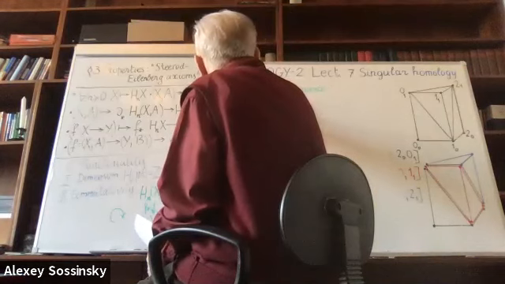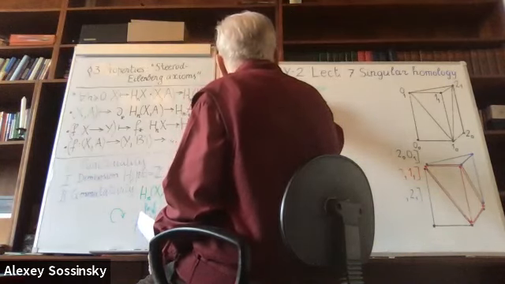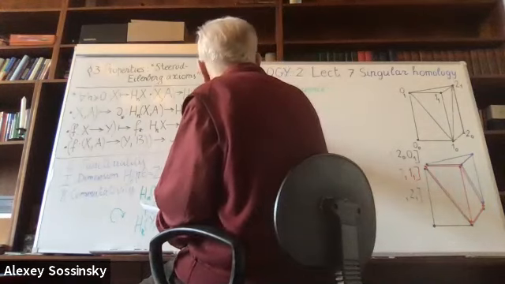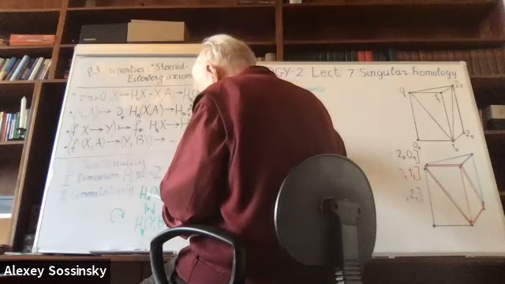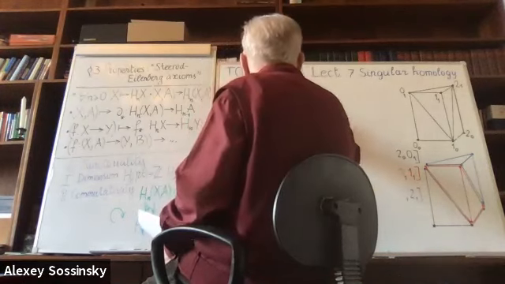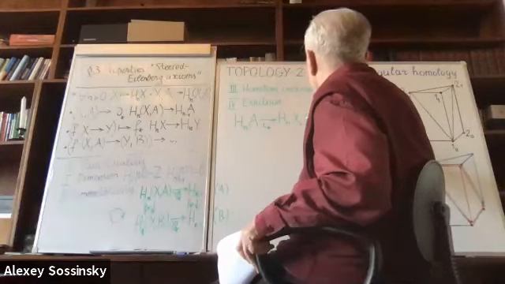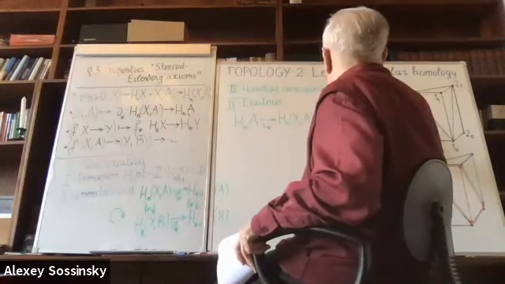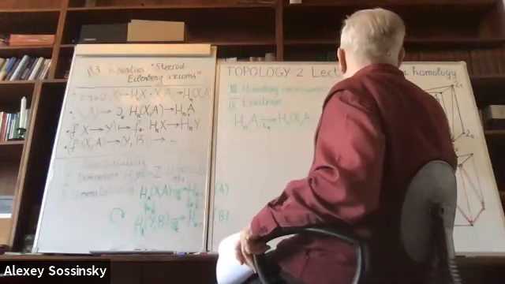And then we have a property called exactness, which says that the sequence H_n of A, mapped by i star to H_n of (X, A), and this in its turn mapped by j star to H_n of X. And here we have d star.